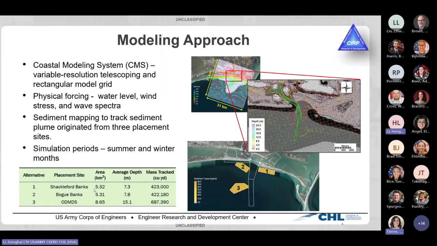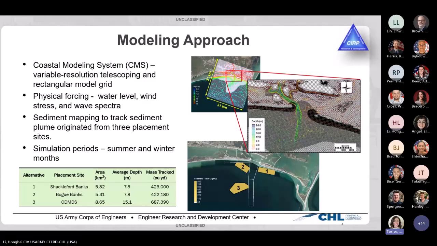The table shows the physical setup for the placement sites. We have Shackleford Bank, Bogue Bank, and ODMDS, the Ocean Dredged Material Disposal Site. You see the average depth for these 3 sites is a little different. For the nearshore sites, the average depth is around 7 meters, and the offshore site is much deeper, around 50 meters.